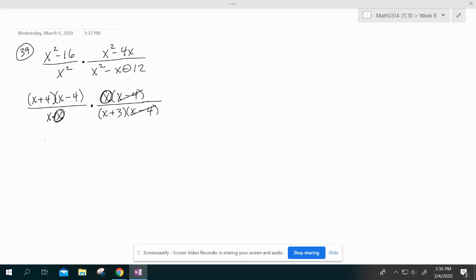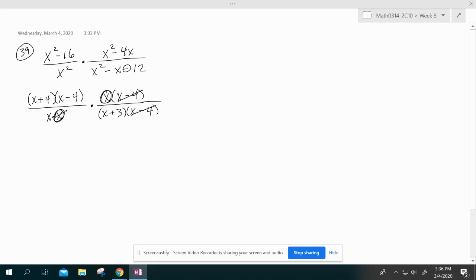So you can go to the second. As long as it's top and bottom, you can reach across multiplication. When we go to where it's addition and subtraction, you can't do that. But for multiplication, you can.